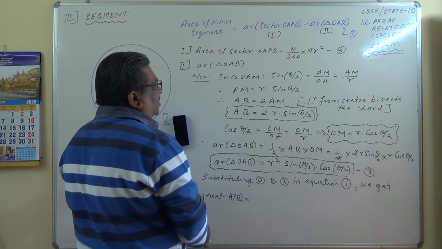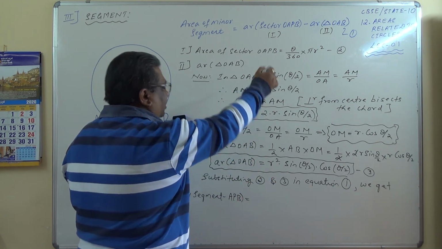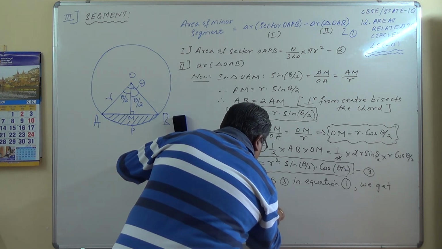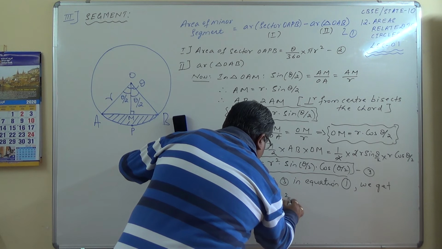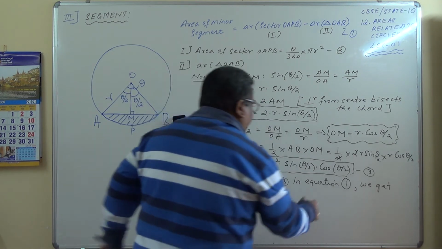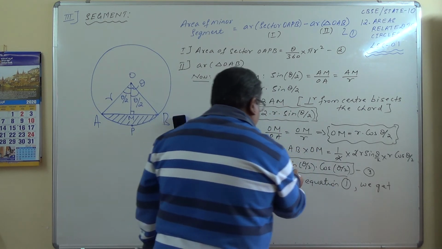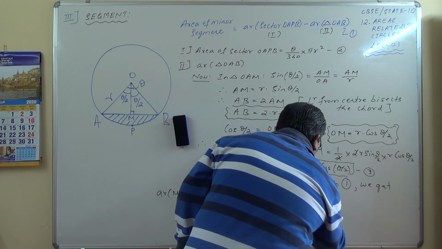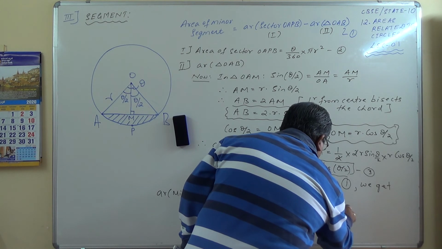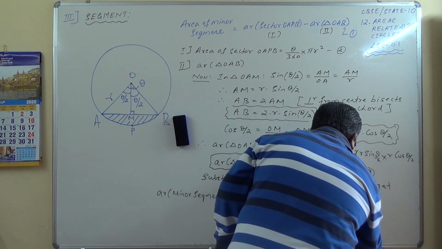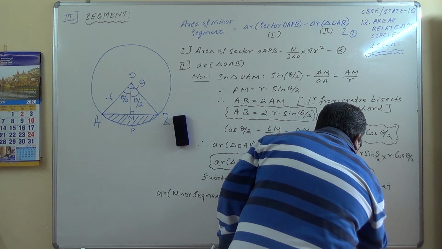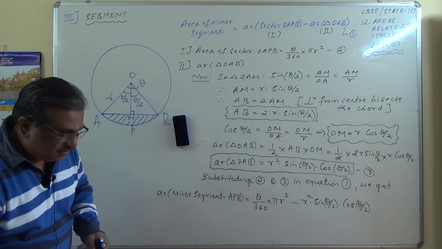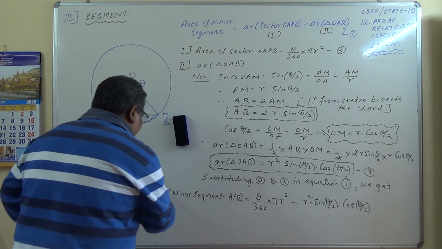The area of the sector is theta by 360 into pi r square, minus the area of the triangle, r square into sin theta by 2 into cos theta by 2. This is the expression for the area of the minor segment.